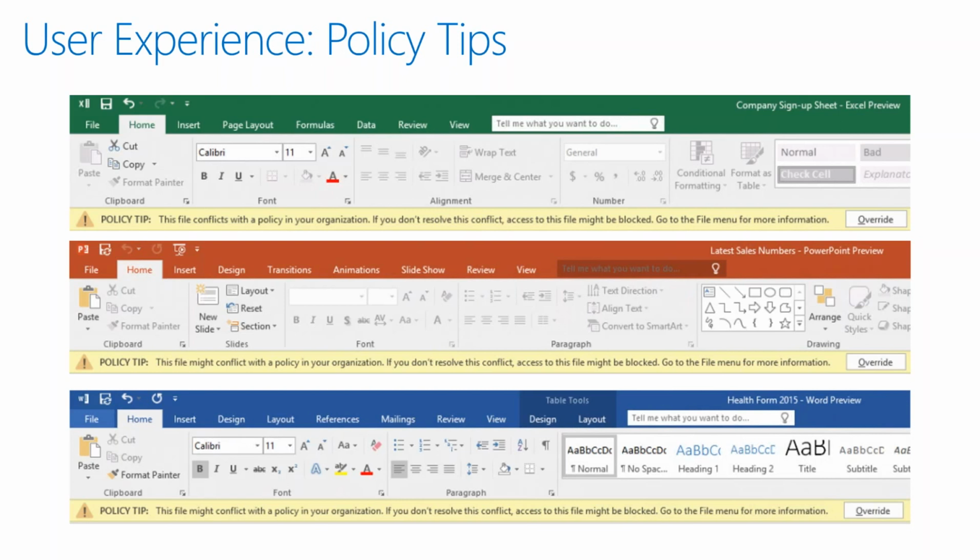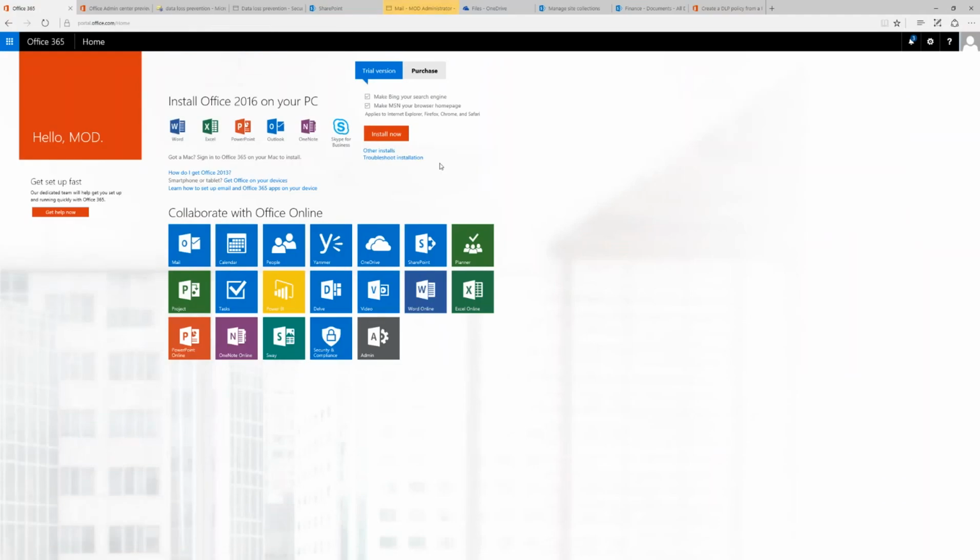So I'm going to switch to my browser here and navigate to the Office 365 portal. And this might be a familiar interface to many of you. If you type in portal.office.com, you are greeted with a landing page. I'm going to go into the Admin Center.